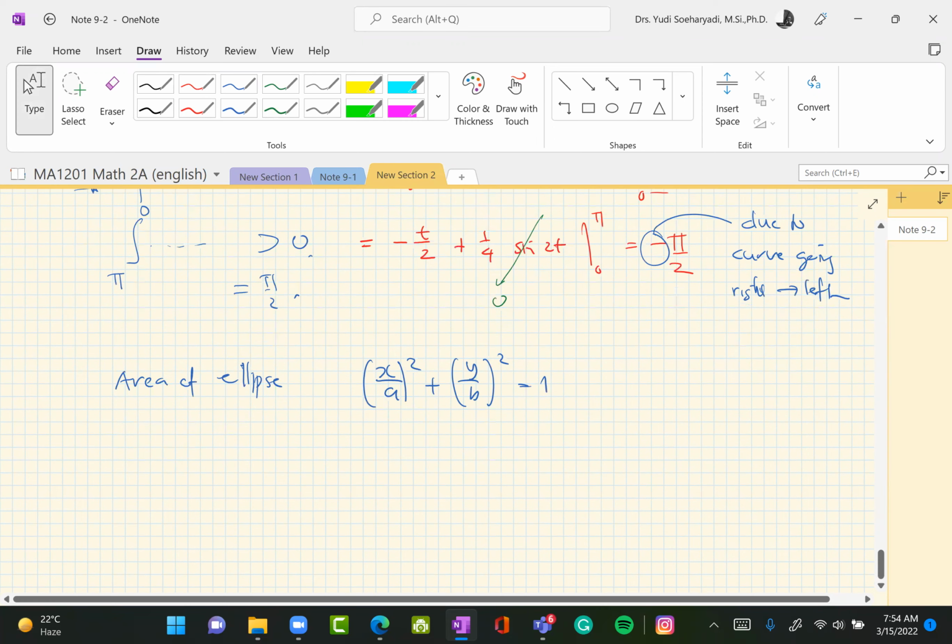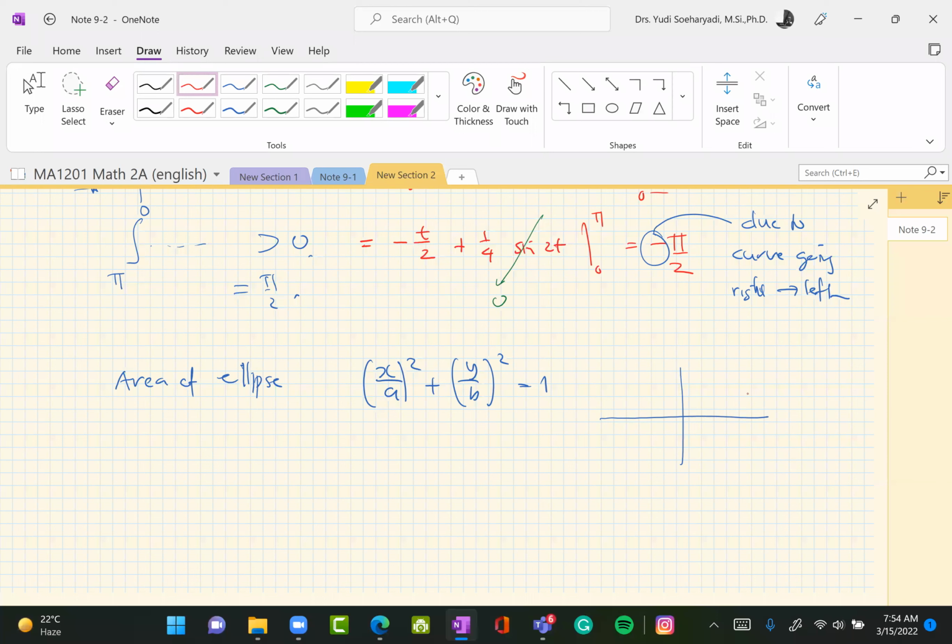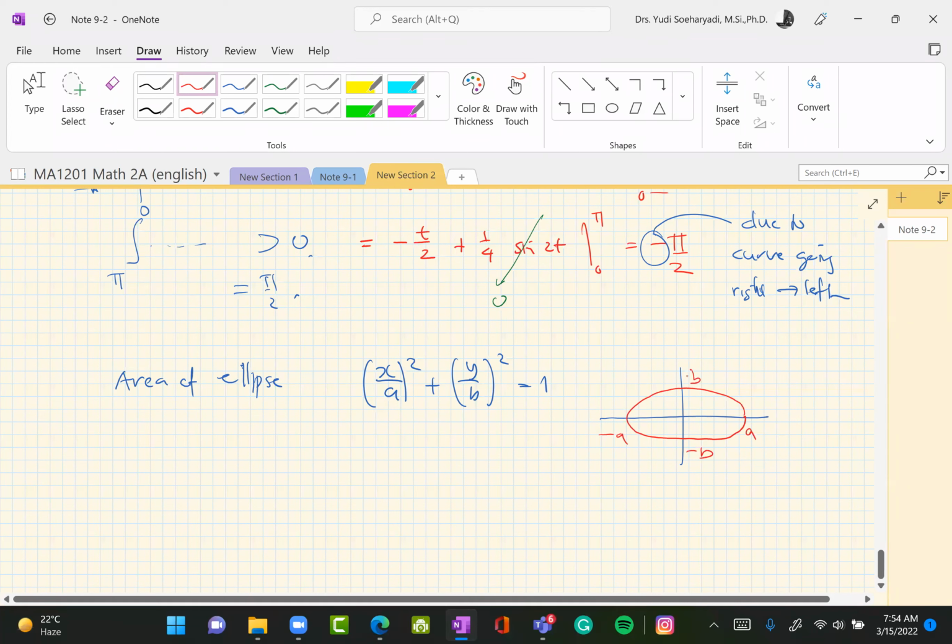We know the circle, but for the ellipse we don't have the formula yet. So we will derive this.